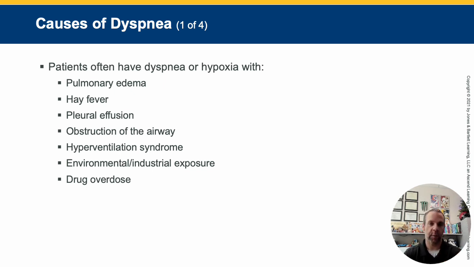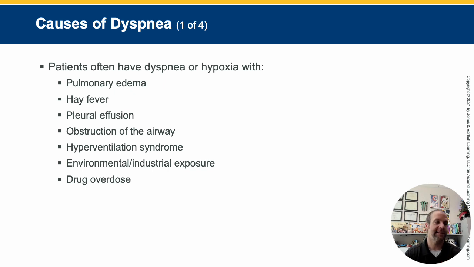Then we have an obstructed airway, which can be caused by a foreign body, swelling, or even the tongue in an unresponsive patient. Hyperventilation syndrome is another key condition to note. While it may appear benign at first glance, especially in our anxious patient, it can stem from a more serious metabolic imbalance like diabetic ketoacidosis, or maybe a toxic ingestion.